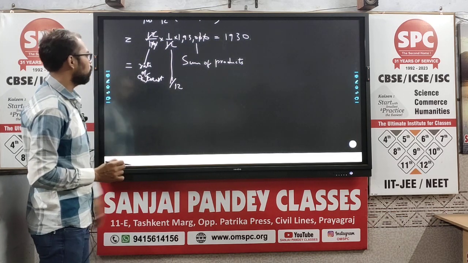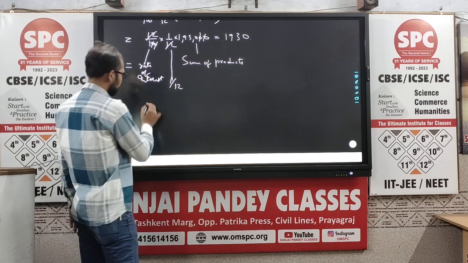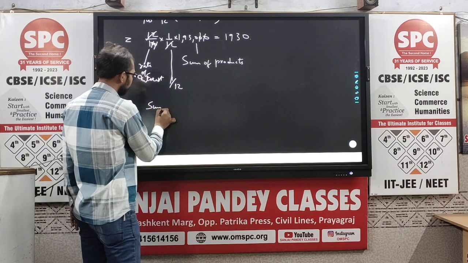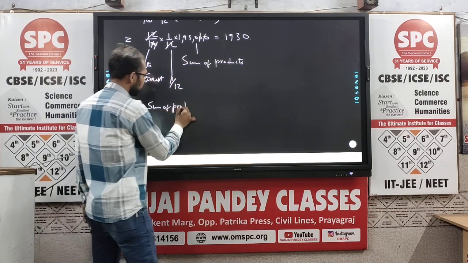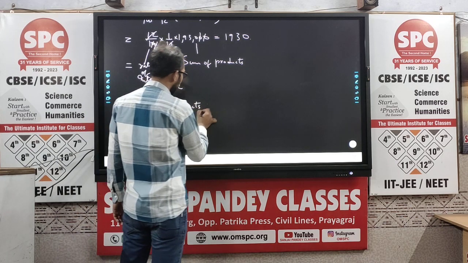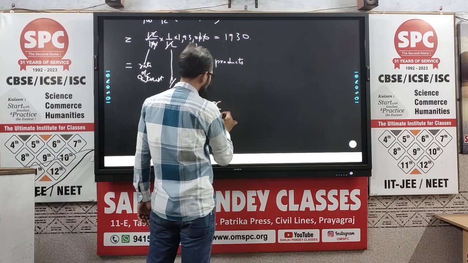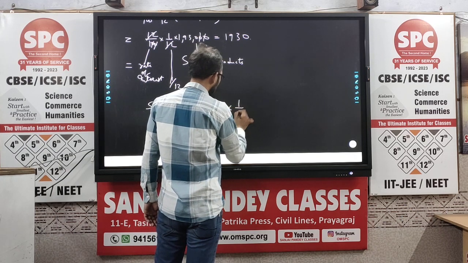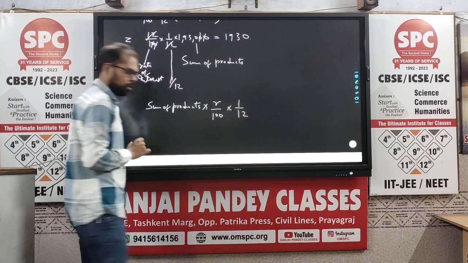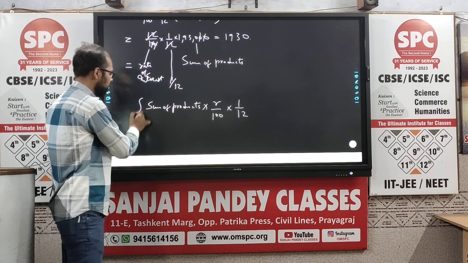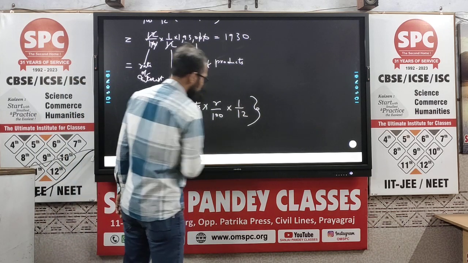So can we derive any formula from all of this? Yes, the formula will be sum of products into R by 100, whatever the rate of interest may be, into 1 by 12. So this is the formula that we have derived.